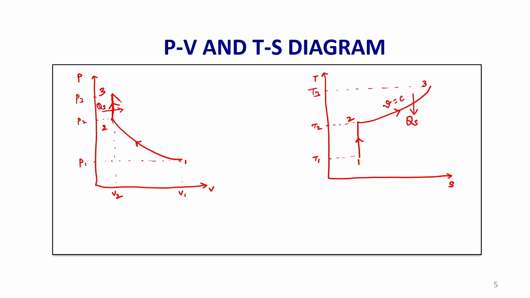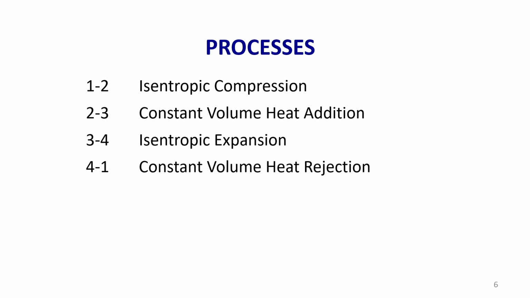Here the x axis is entropy and the y axis is temperature, so any isentropic line will be perpendicular to the x axis. So 3 to 4 is isentropic expansion, just opposite to process 1 to 2.